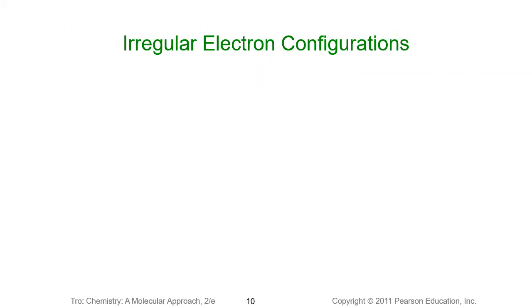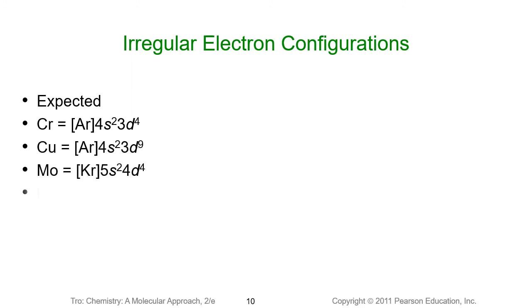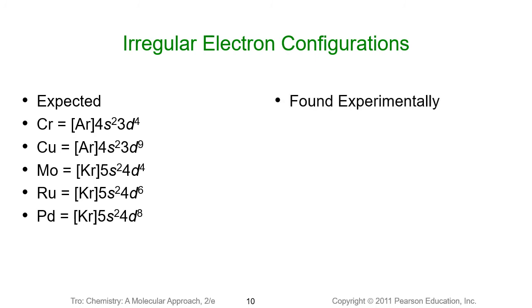There are some irregular electron configurations. These are what we would expect looking at the periodic table. What we actually see, found experimentally, is that for chromium, we promote one of the s electrons into the d.